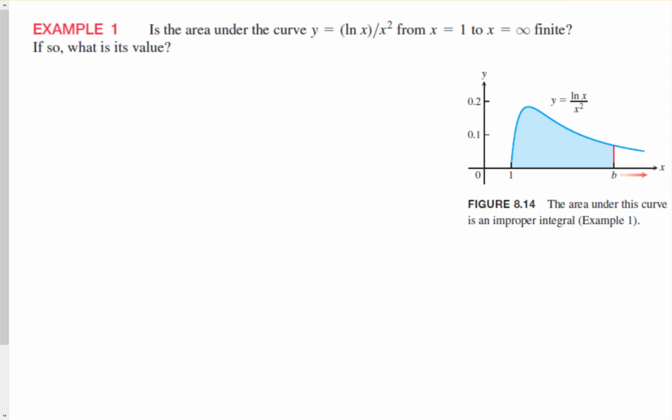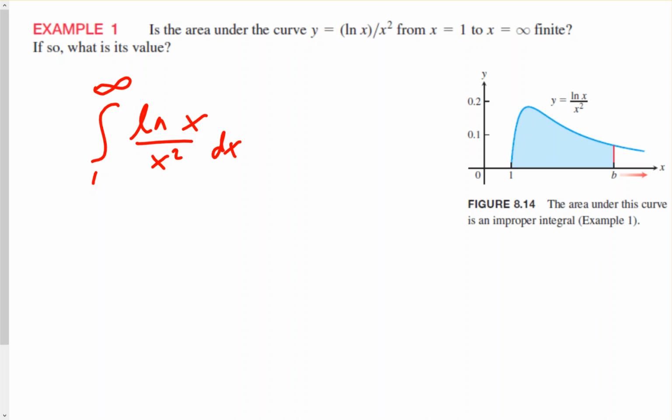So we would have integral from, and this would be from 1 to b, right? And it's going towards infinity. So we would say integral from 1 to infinity of ln x over x squared dx.